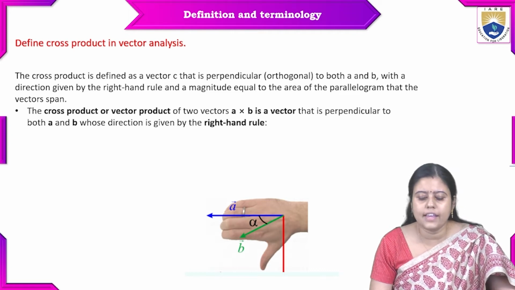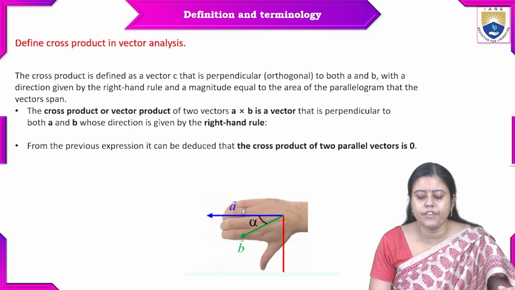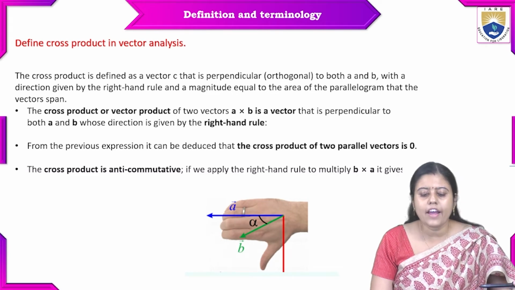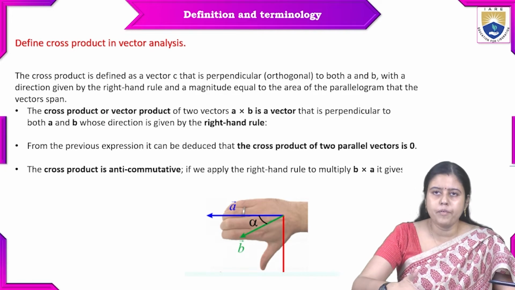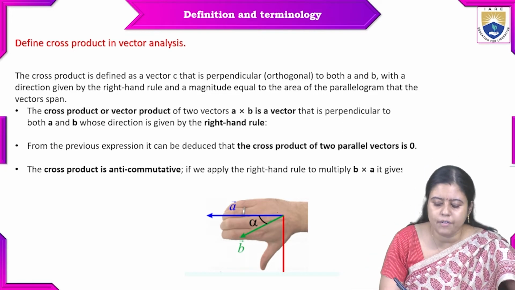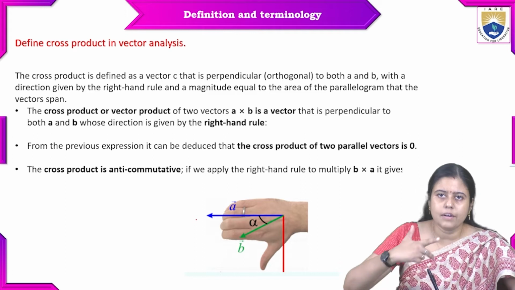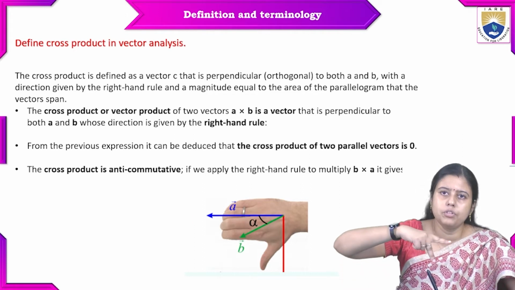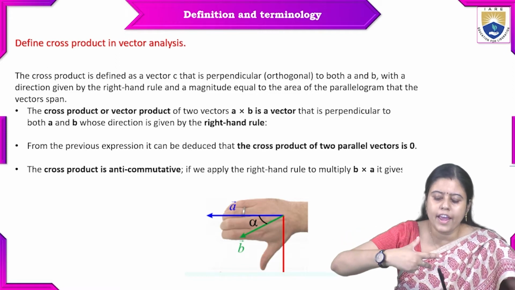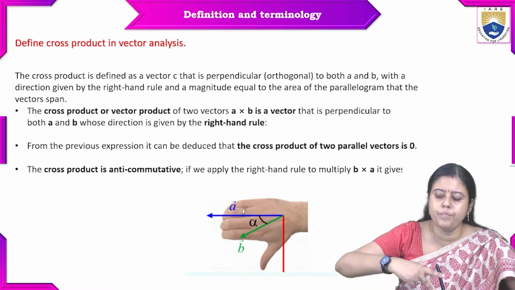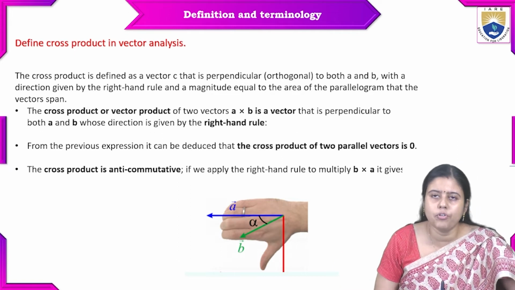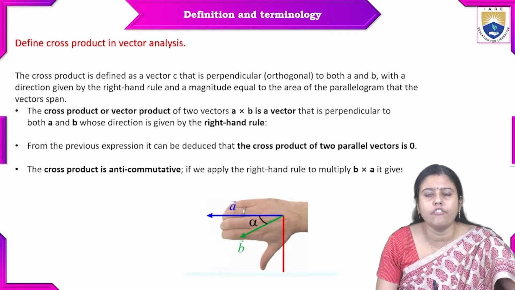So you can see, if we are calculating the previous expression A cross B, this is our A and this is our B. So C should be, if it is A cross B, it means A to B. So the thumb will show the direction of the vector.